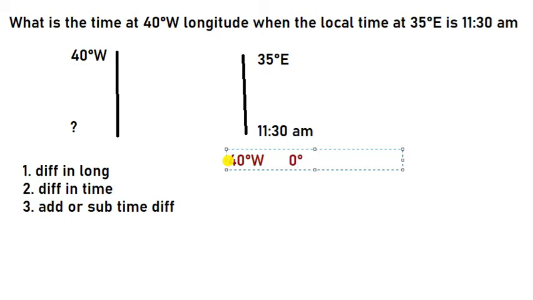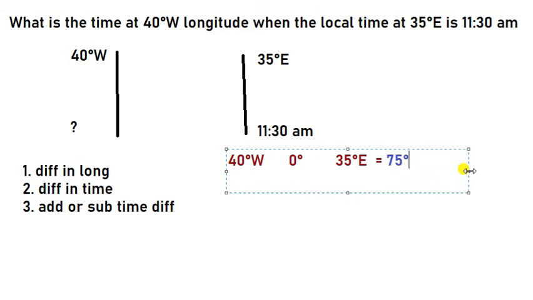From there, if we go another 35 degrees, we will reach 35-degree east longitude. That means the total longitudinal difference is 40 degrees on the western hemisphere and 35 degrees on the eastern hemisphere. Together, the total difference in longitude is 75 degrees. So we got the first step. The difference in longitude is 75 degrees.